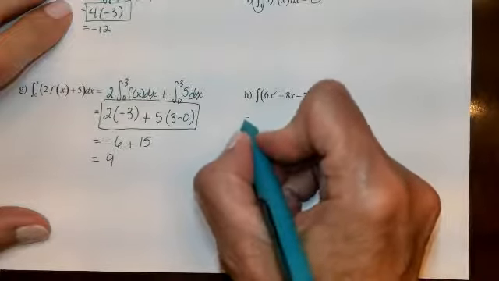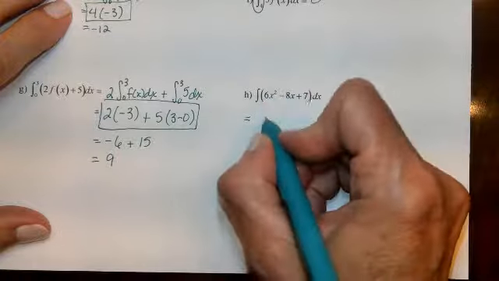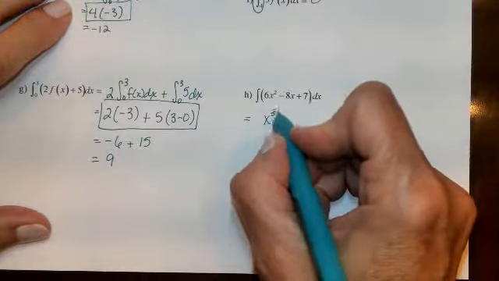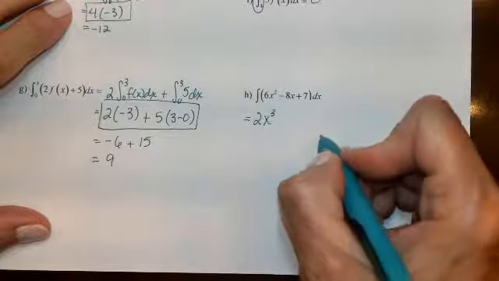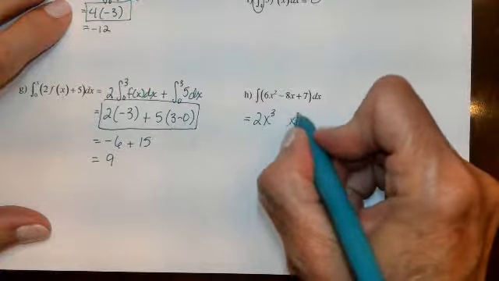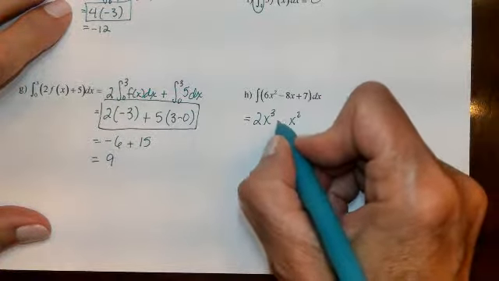So we're using the power rule. Okay? So remember we added 1 to our exponent and then divided our coefficient by our new exponent.